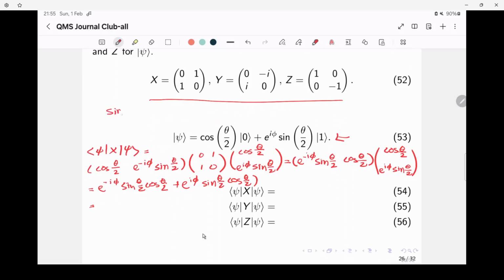Remember that sine 2 theta equals 2 sine theta cos theta.